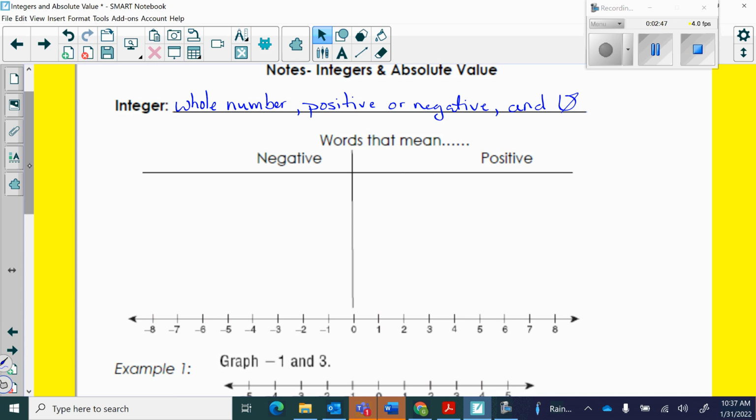So I'll start you off. If I say add, is that going to be positive or negative? Positive. Now, most of the time, these are also going to have a counterpoint. So what would be the counter to adding? Subtract. So that would be a negative, right? So if I subtract from something, that's going to be a negative.